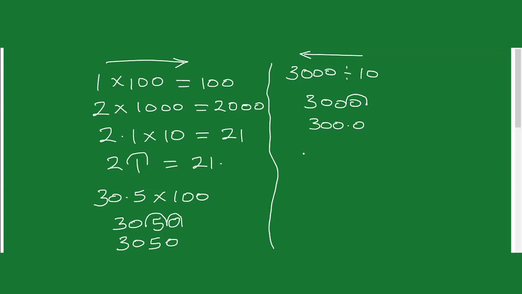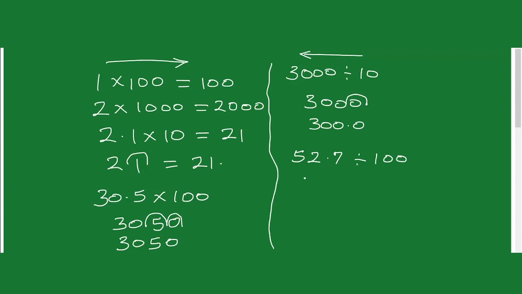Any other number? Let's try 52.7 divided by 100. So what are we going to do? We move this point to our left because we have division here. How many times? 2 zeros here, so 2 times.